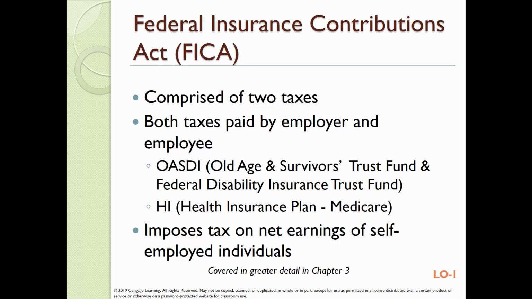And survivor's insurance. Survivor being I'm 14 and my mom doesn't work and my dad's the major earner and my dad dies. My mom's going to get checks because I'm an underage survivor. Okay. Old age, survivors and disability insurance, OASDI.